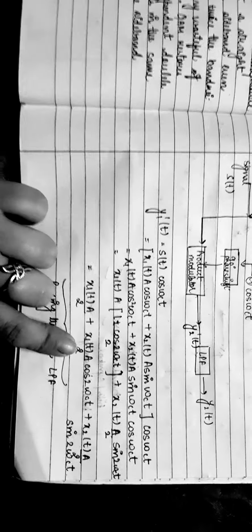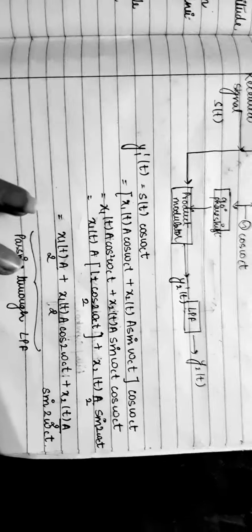Now if we separate these terms we get x1(t) A by 2, plus the second term x1(t) by 2 into A cos 2 omega ct, plus the third term x2(t) A by 2 sin 2 omega ct. Now we pass the output through the low pass filter.